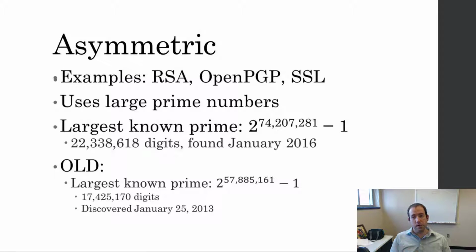So examples: OpenPGP, PGP is an example that can use asymmetric encryption, and you could send encrypted emails using it. And SSL, secure sockets layer, or transport layer security, these are the protocols that underlie HTTPS.